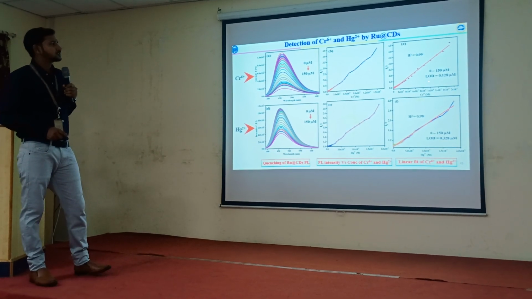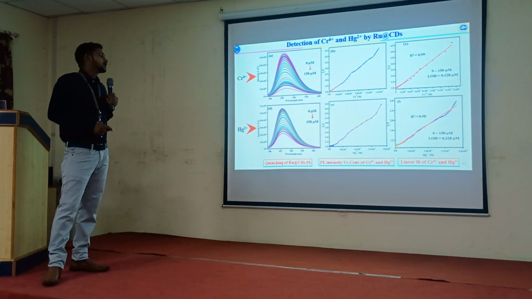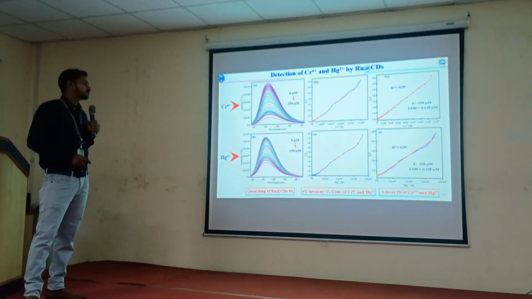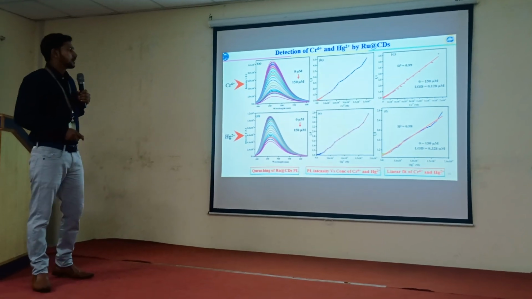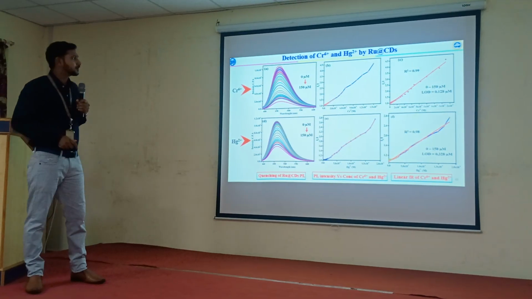The LOD was calculated as 0.128 micromolar, and figure F represents the linear fit of ruthenium carrying carbon dots used to detect mercury ions, with an R² value of 0.98, and the LOD was calculated as 0.328 micromolar.